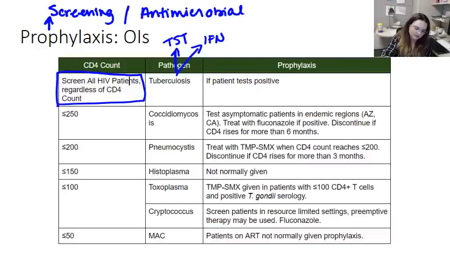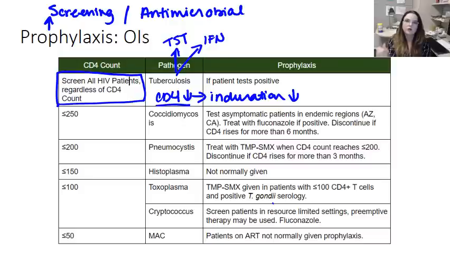However, if you have HIV and your CD4 count is fairly low, that means your ability to make an induration is inhibited. So your induration size for a positive TB test would actually be lower to account for your lower CD4 potential. And the same is true for interferon if you're doing a QuantiFERON Gold. So the criteria for testing an HIV positive patient for tuberculosis is different than the criteria for testing an immunocompetent individual.